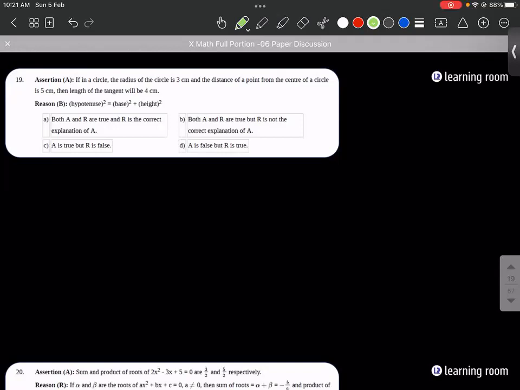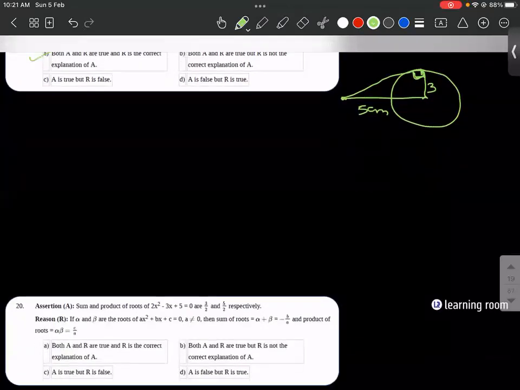Is that right? Yes. If you visualize it, a circle of radius 3 centimeter is there, and the distance of a point from the center of the circle is 5 centimeter, then what is going to be the length of the tangent? We know that this is going to be perpendicular. So you're going to use the right angled, the Pythagoras theorem.